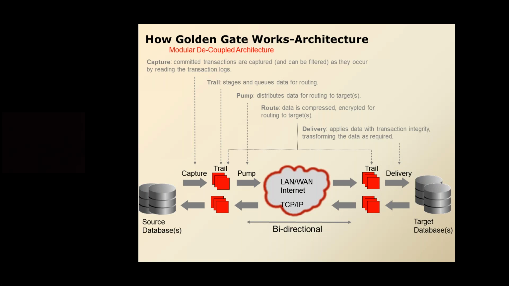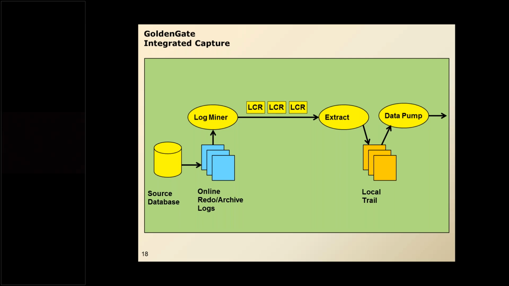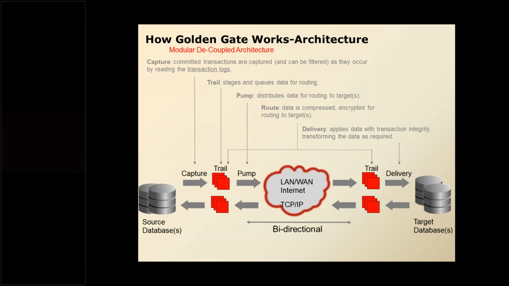In the next session, we'll move on to download and installation of Goldengate, and then we'll set up Oracle Goldengate. Goldengate applies the changes in commit sequence order. We'll discuss all that in the upcoming sessions. For now, understand the architecture of Goldengate: it contains three processes, capture, pump, and delivery. I'll say again that this integrated extract explanation is just for your understanding of how it works. However, for your knowledge, when you set up Goldengate, it works like this.